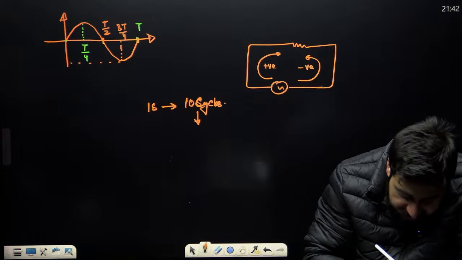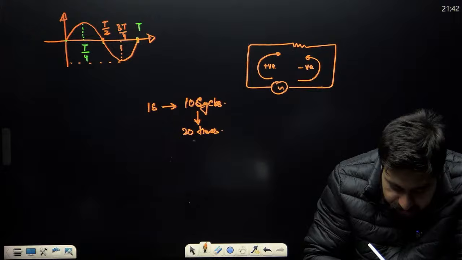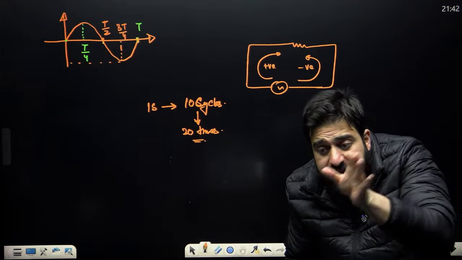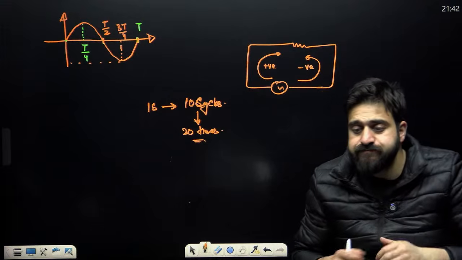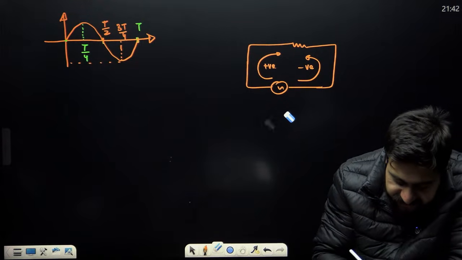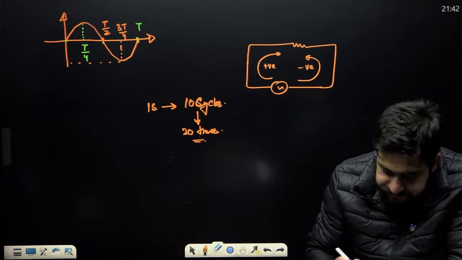It means that in 1 second, it changes direction 20 times. 20 times it becomes positive, negative, positive, negative. That's how we define frequency: number of cycles per second.